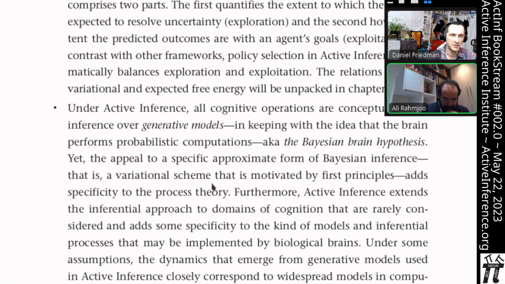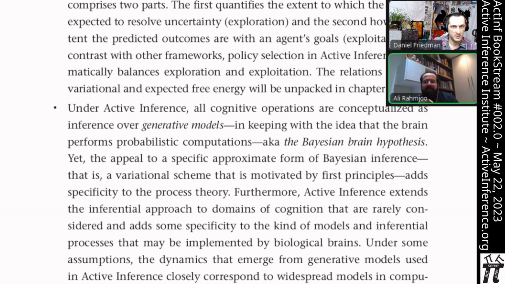Want to pick up from here or give any thoughts on generative models and then carry on? Thanks, Ollie. Just one point: there is a common misconception about generative models, which is that they only refer to the inner states of the system and its Markov blanket. But actually, a generative model encompasses all the states of interest of the situation we're trying to model.